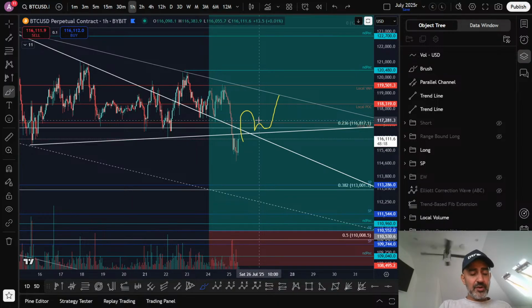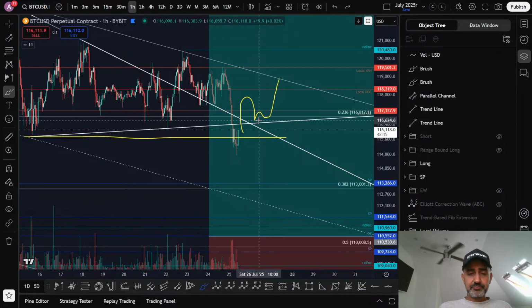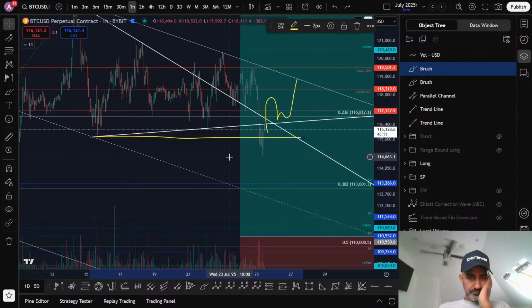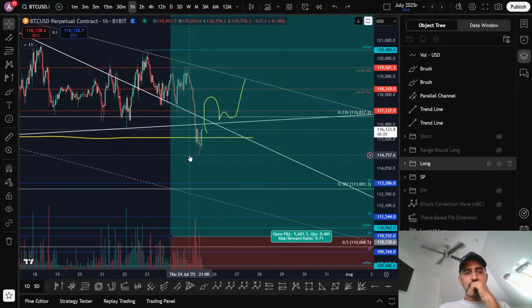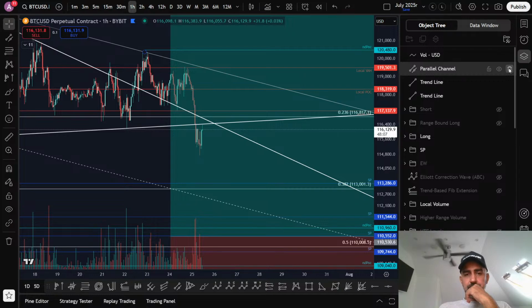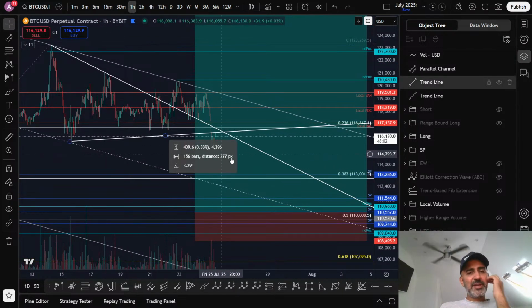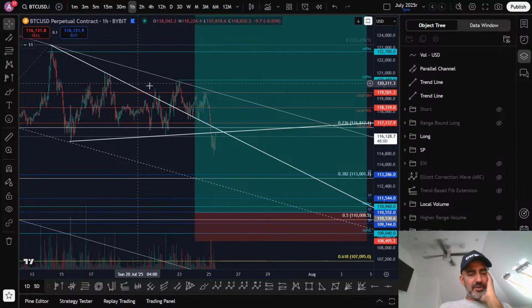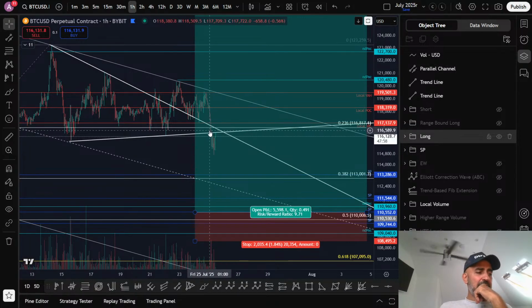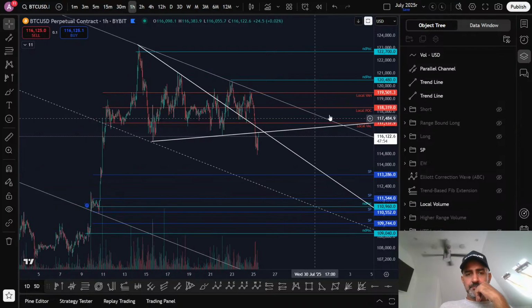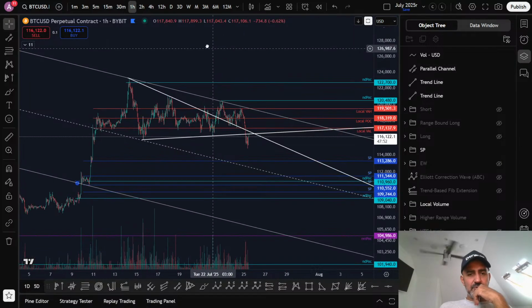You want to see that strength for longing, basically. And that would be a little failed auction of the lows, and we're kind of forming a falling wedge here. If it is a falling wedge, it is a good place to long, but can't tell. And then you have this kind of downward channel.